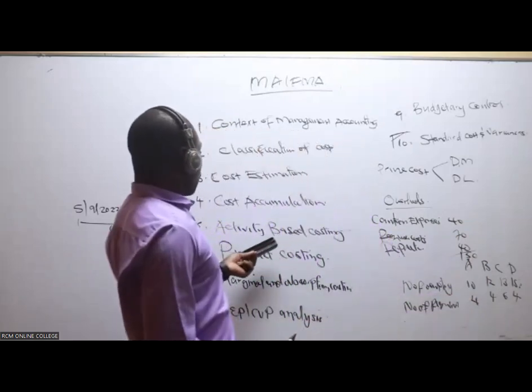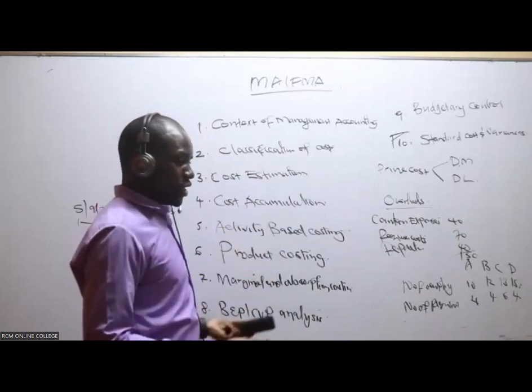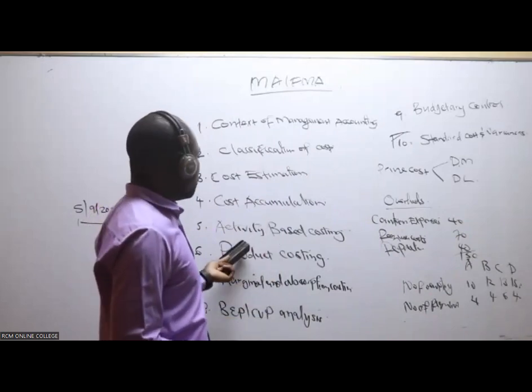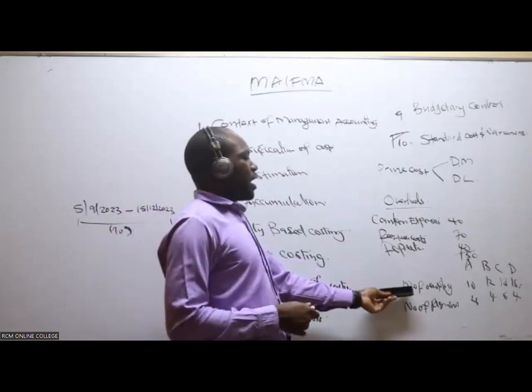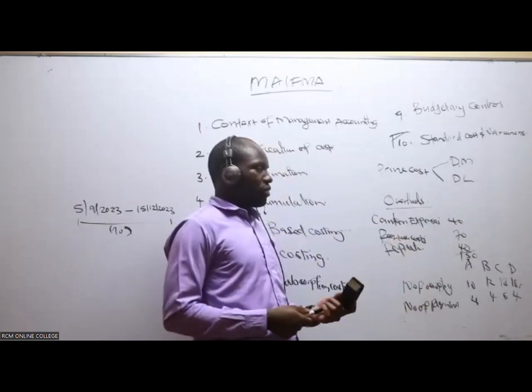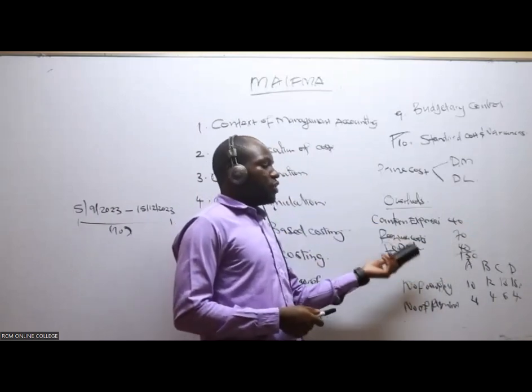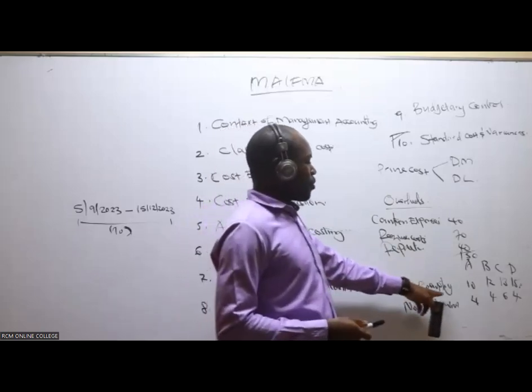The methods that you are going to apply under activity-based costing: there's the traditional costing method, whereby you'll only be told to assume the company uses number of employees to allocate the overheads. So we are going to look at this number of employees.